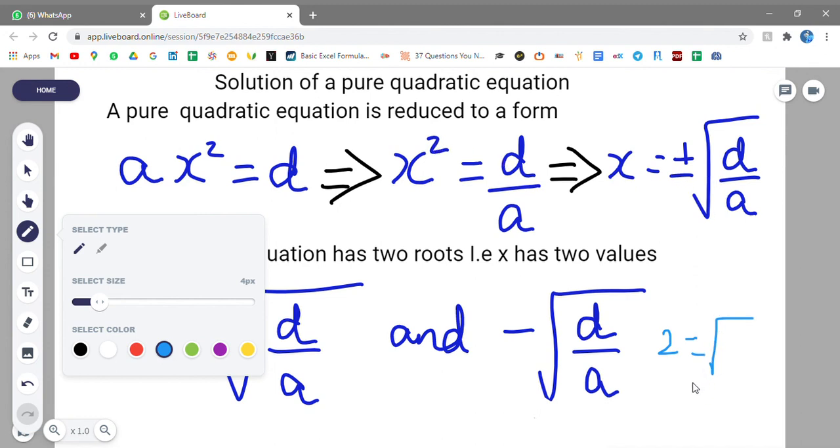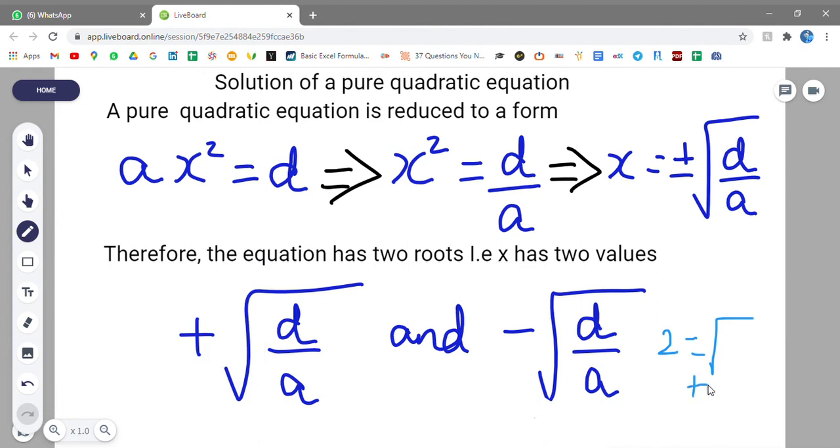Whenever there is a square root, you can have either a plus value or a minus value. Just take an example: minus 2 into minus 2 is plus 4, and plus 2 into plus 2, that is 2 square, is also 4. Even if I square negative values, I still get a positive value.